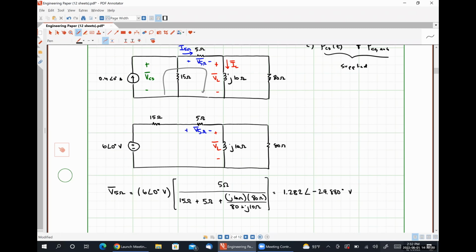Did anybody else get a similar result? So Sydney says she got that answer. Devarier says he got 1.162. So I'm just going to double check my math here.